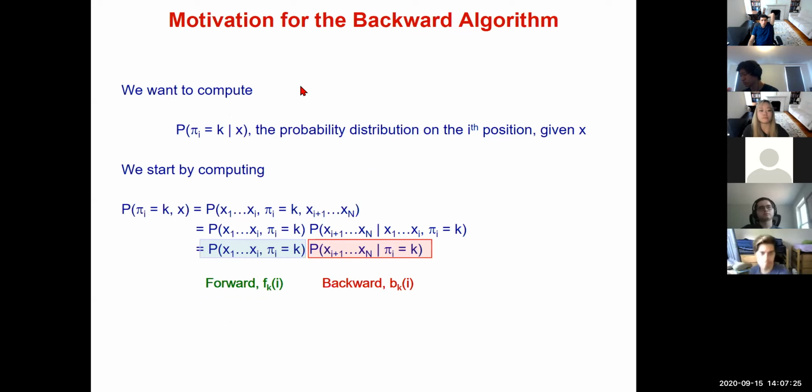Okay? For those of you who prefer to derive it algebraically, in order to compute the probability of that sequence, given that we're in this state, given the entire sequence, we want to compute it all the way down to this path here, being in state K. And then from here, I want to compute that backwards using the backward algorithm.